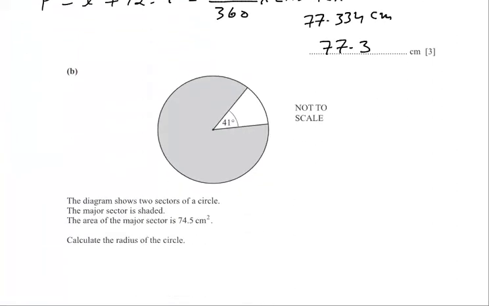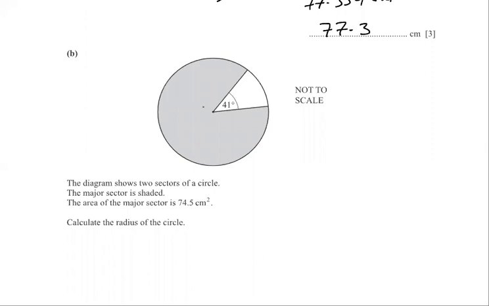Okay, then the second part. Again, you can see this is the angle made at the center, and this is the arc. This is the shaded part.